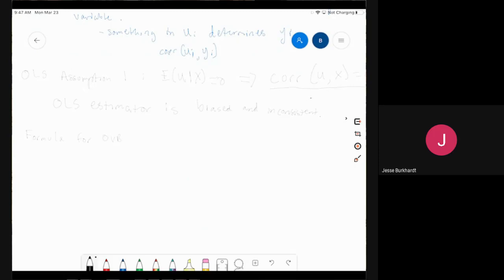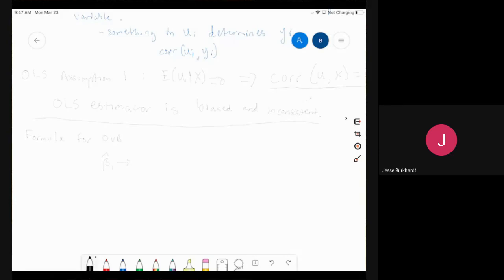When the Gauss-Markov assumptions hold, or when our OLS assumptions hold, and we have an unbiased coefficient estimate, we're all good. But when they don't hold, in particular when assumption number 1 fails and we have omitted variable bias, we end up with beta hat 1 converges.